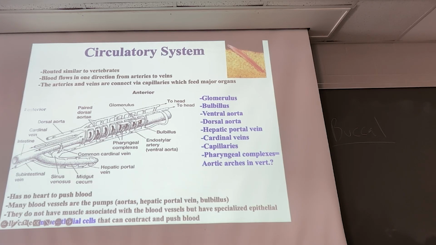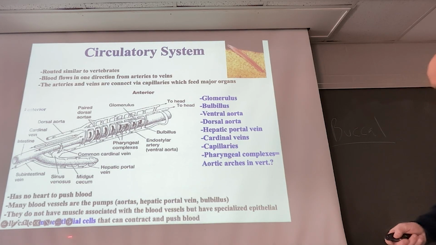Now, what's really interesting about this particular organism, since I don't have a heart besides this little sac called the sinus venosus, each branchial artery here has a little swelling on it. That's called a bulbulus, which is a thickened epithelial region that's called a myoepithelial cell.